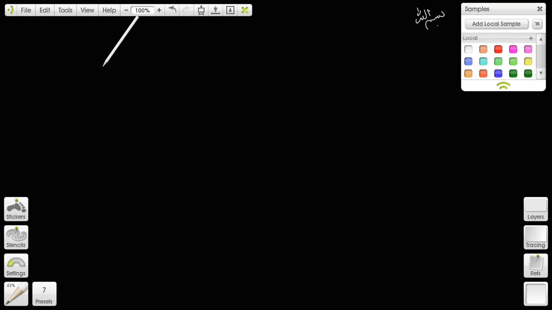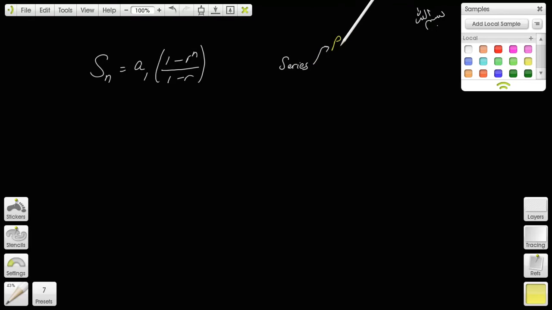Now look, we have seen this before. This formula is a partial sum of a geometric series. When we talk about series and the sum of series, we can talk about partial sums, and we can talk about the sum of infinite series, or the sum of all the numbers.